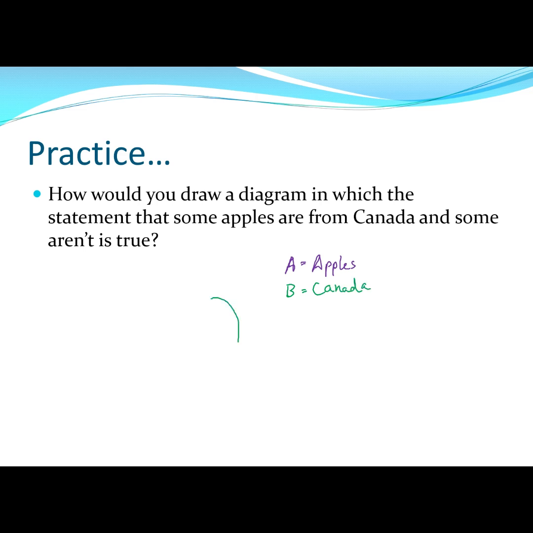Not all of the apples are from Canada, so A is going to partially align with B. This represents the apples, and this shaded area represents the apples that are from Canada.